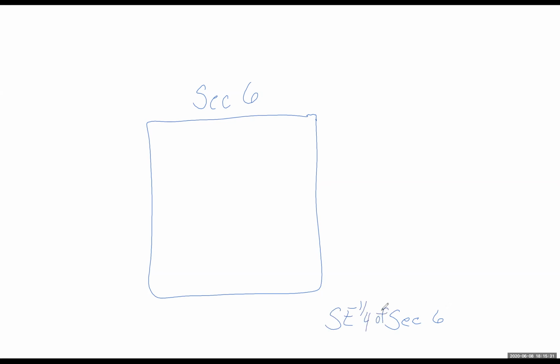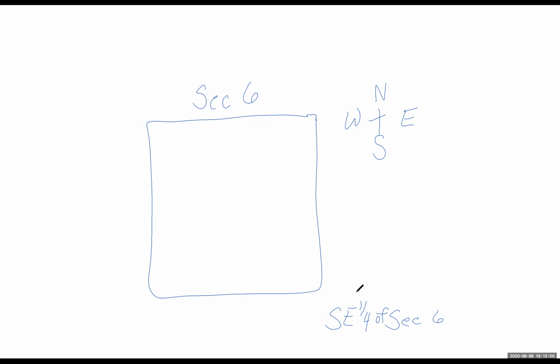So you see what I wrote on the bottom? I wrote SE, which means southeast. Southeast 1/4 of section 6.